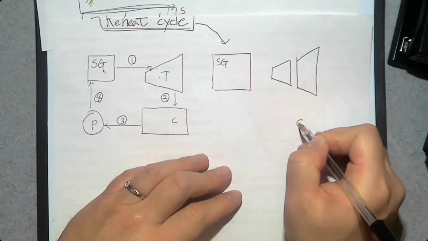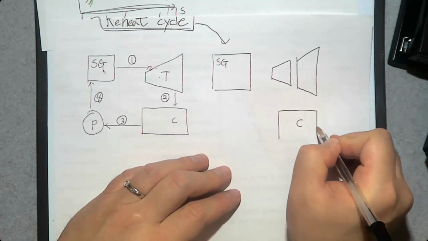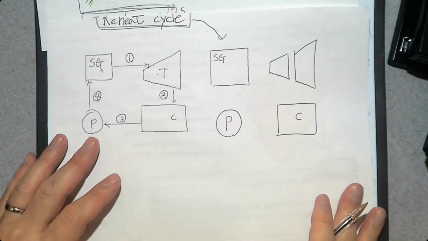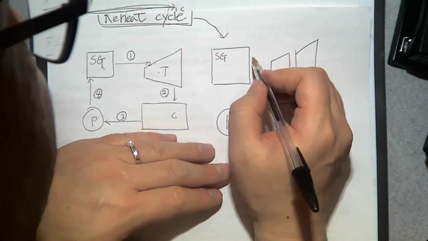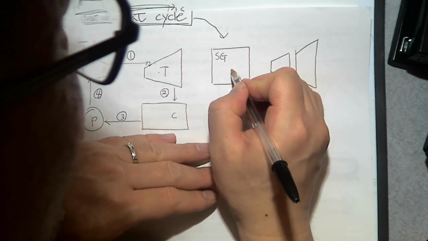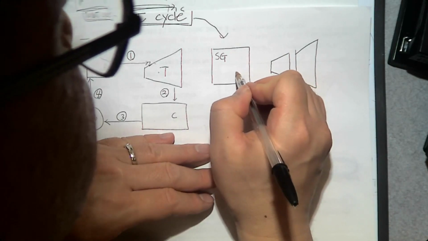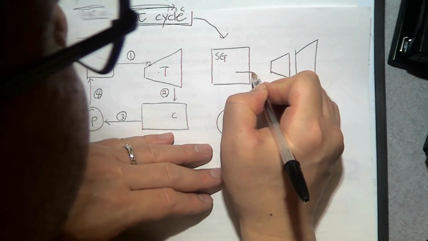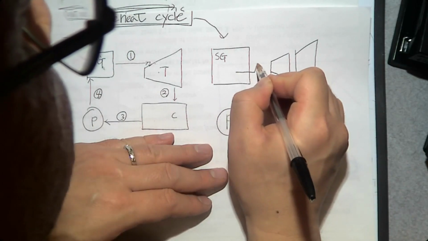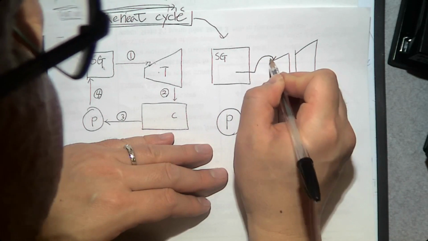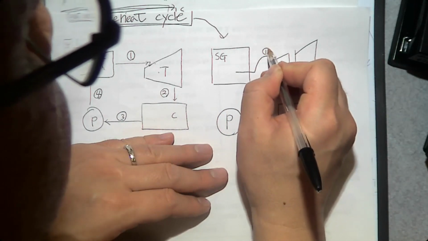And we have a condenser and pump. So let's see what's going to happen. First, this steam generator is going to produce high pressure, high temperature, superheated vapor that will go into the first stage turbine, which is number 1.